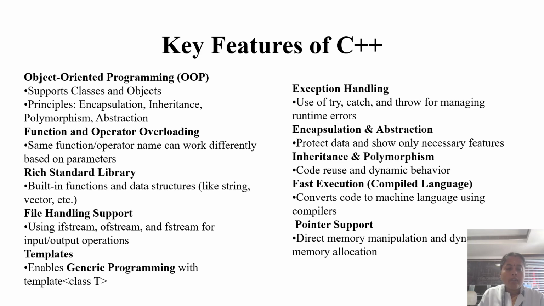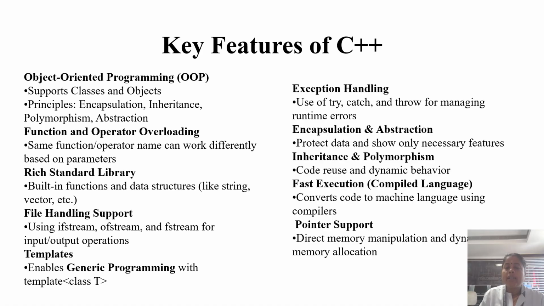It has a very impressive feature, templates, which enable generic programming with template classes. The next feature is exception handling, where runtime errors can be handled using try, catch, and throw.